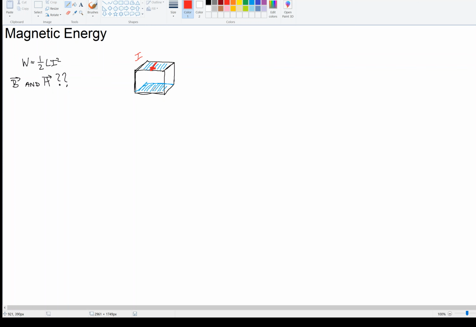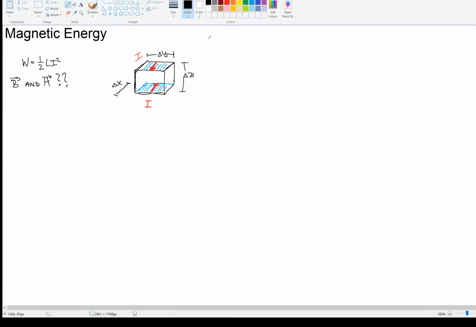But the idea with the loop is that the current then would be going into the page on the bottom of this differential surface element. I could show my axes here, x, y, and z, but they're as you would expect. And so I'll just show that this dimension is delta x, and this dimension here is delta z, right? And then this dimension here is delta y.